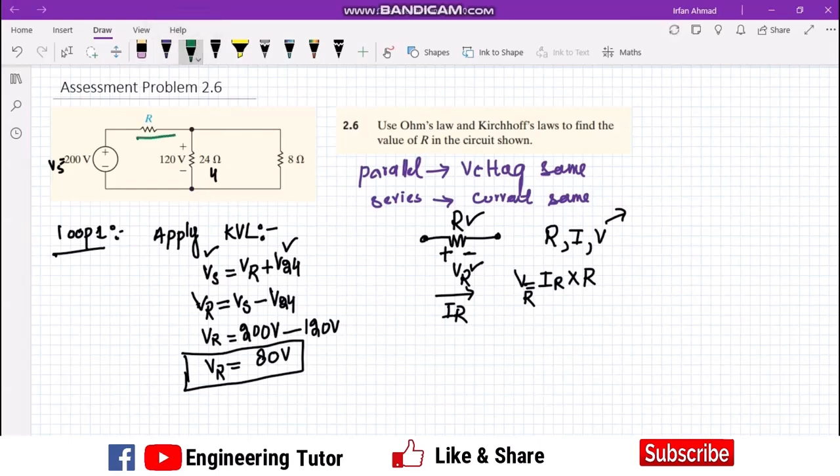So if this is IR, it is coming here and has been split into two currents. One is I24, the other one is I8.